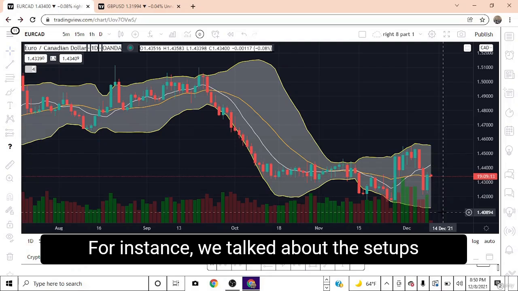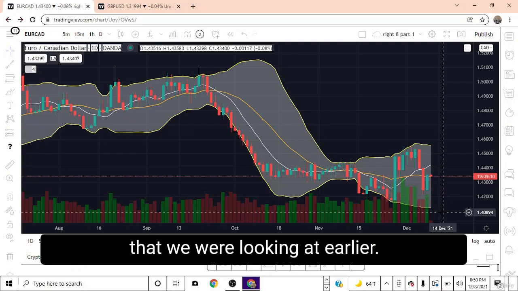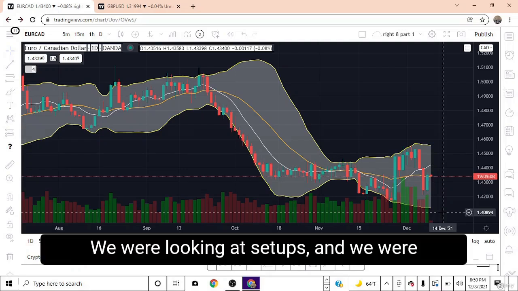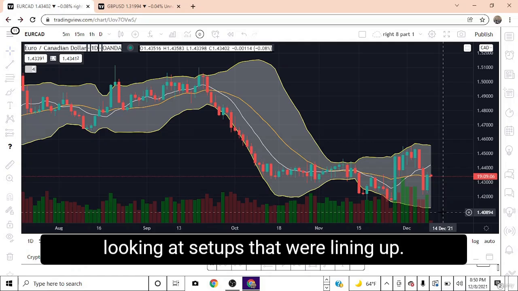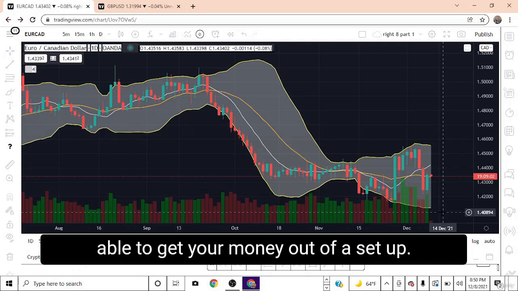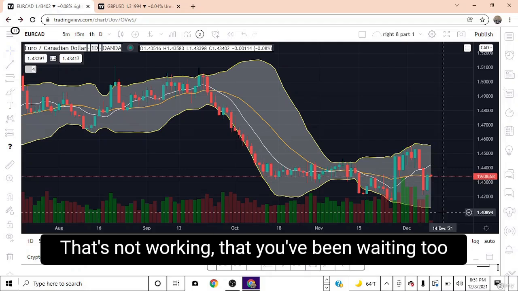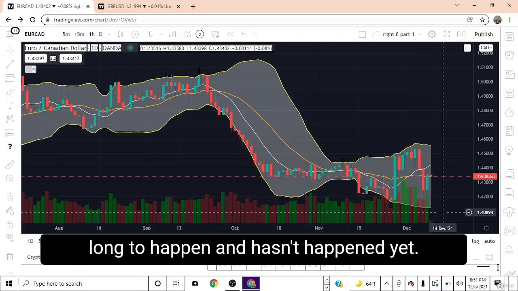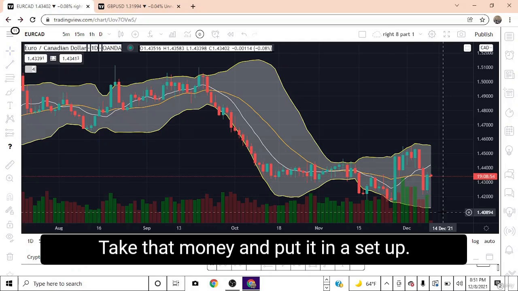For instance, we talked about the setups that we were looking at earlier, setups that were lining up. And when those setups line up, you want to be able to get your money out of a setup that's not working, that you've been waiting too long to happen and it hasn't happened yet. Take that money and put it in a setup.